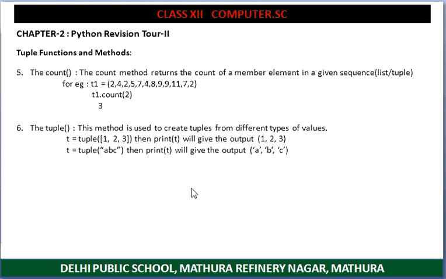Then print t will give the output ('a', 'b', 'c') in tuple form. So in the first example, it is creating a tuple from a list, and in the second example, creating a tuple from a string. So this is the tuple function, and this is the completion of the topic tuple. Thank you.